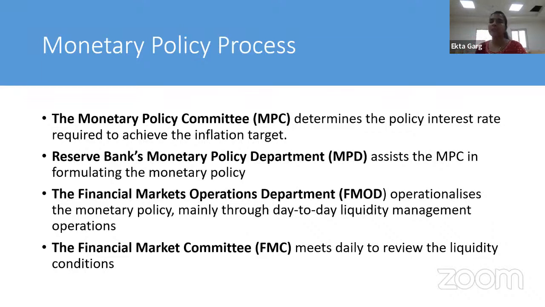now the monetary policy process. Once the inflation target has been established, the Monetary Policy Committee will determine the policy interest rate, that is the repo rate, which is required to achieve the inflation target, right? And the Monetary Policy Department will assist the MPC in formulating the monetary policy, right? So they will look into the macroeconomic view of the economy.